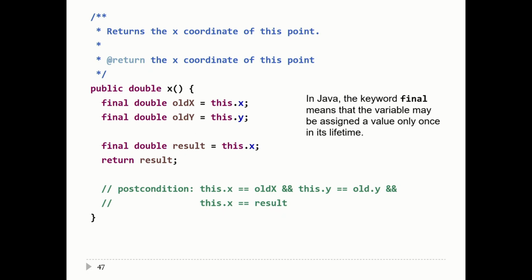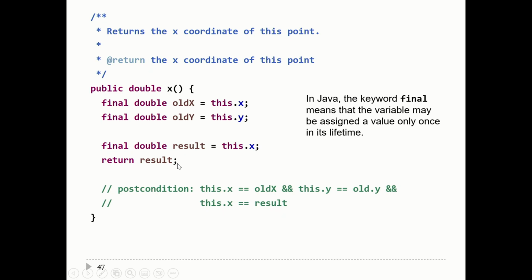Old y is the y coordinate of the point when we call the method. Result is going to be the x coordinate of the point when we call the method. Then I can return the result.